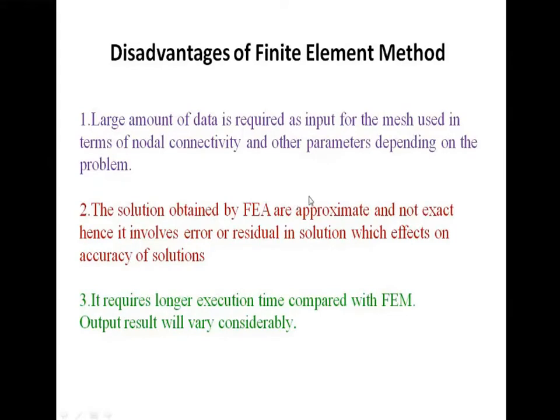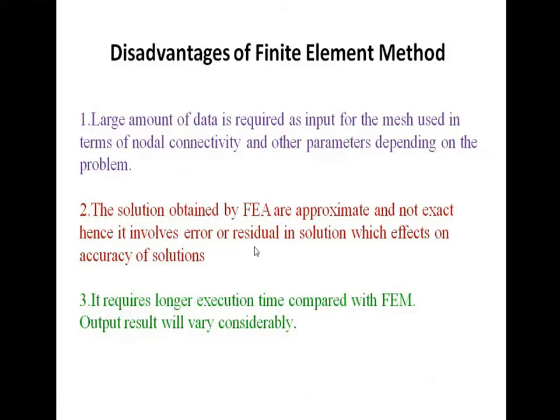The solution obtained by finite element is approximate, and it is not exact. As I have previously discussed, the approximate solution gives a result near the exact solution, but it is not the exact solution. Hence, we can predict approximate behavior of a problem in finite element analysis, but not the exact behavior, and it involves error or residual.